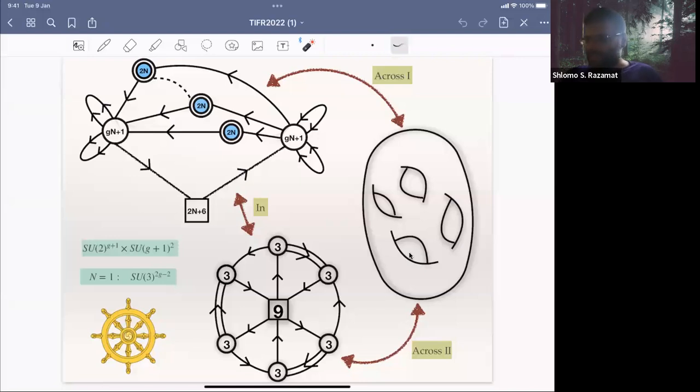For example, in such a way, you have a 3-punctured sphere, and then you start gluing them together in such a way. This is a different way to construct the same type of surface. And in this particular case, when n equals 1, you will obtain this very nice and simple quiver, which has this beautiful shape. And this is another cross-dimensional dual of this construction.